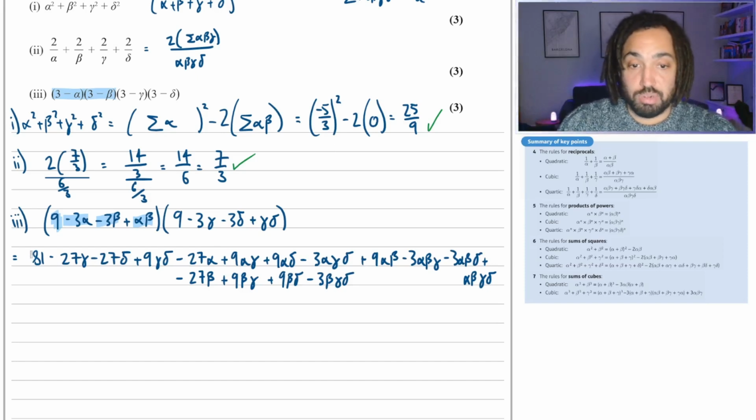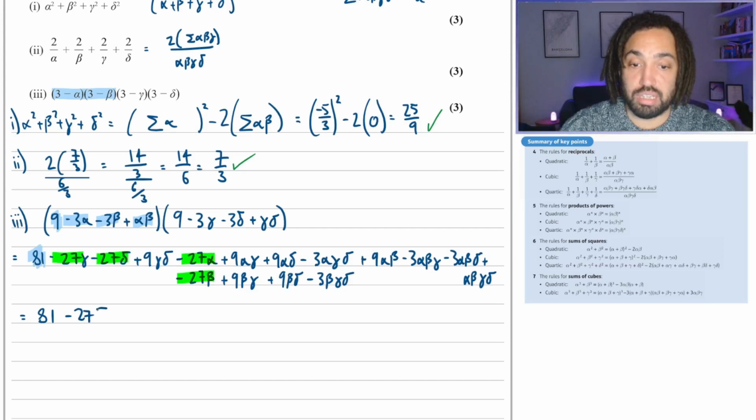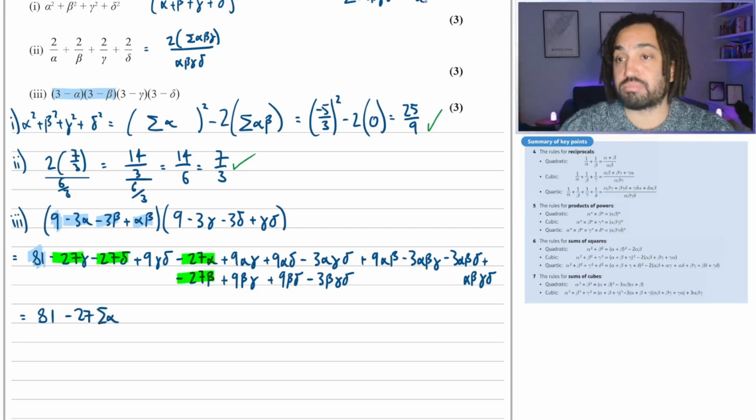Okay, great. So what have we got? We've got 81. That looks like the only constant. And then what about the singles? We've got minus 27 of each of the singles. So this is the same as minus 27, the sum of the singles.